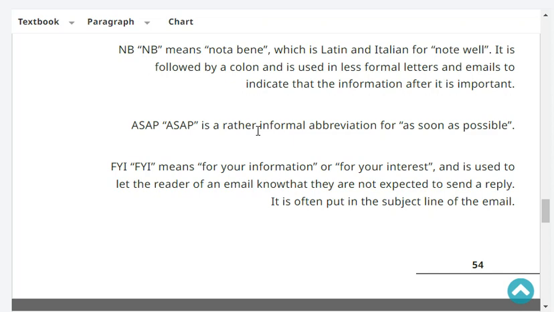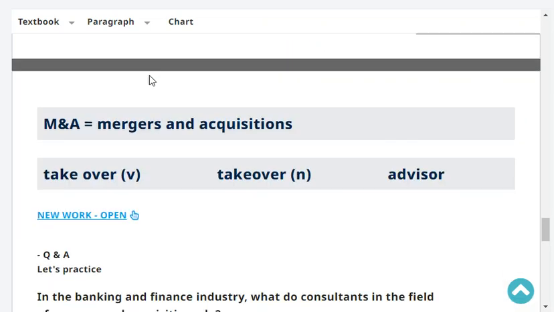FYI means for your information or for your interest, and is used to let the reader of an email know that they are not expected to send a reply. It is often put in the subject line of the email. Very good.